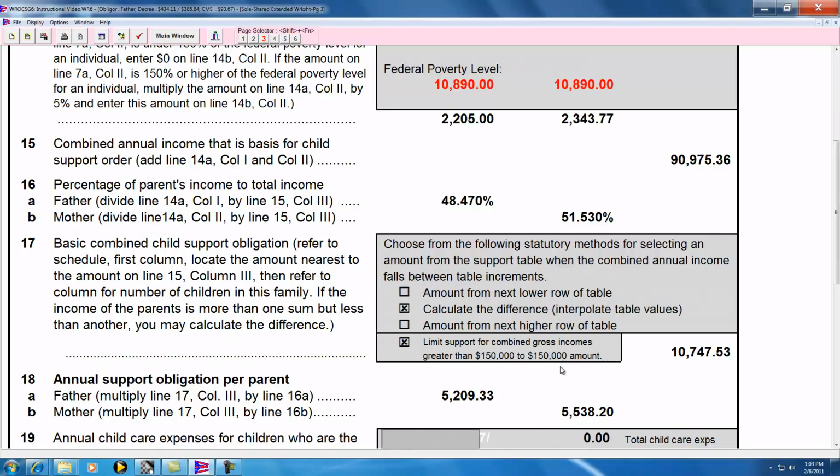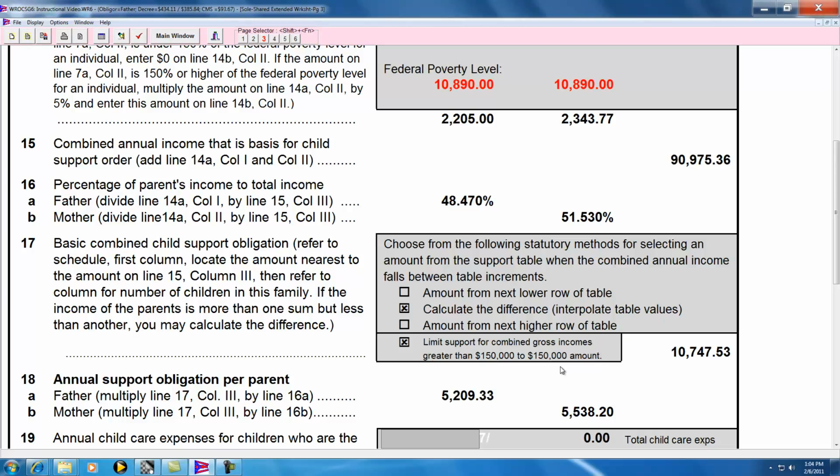So before we move on to the fourth checkbox dealing with combined annual gross incomes in excess of $150,000, I'll mention that the lookup method represented by the third checkbox gives us a $10,767 annual obligation. Compared to the low method, which gave us a $10,715 annual obligation, that's a $52 per year annual difference. So that ends up amounting to exactly $1 a week.